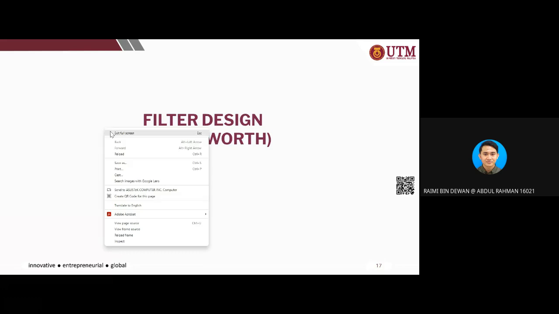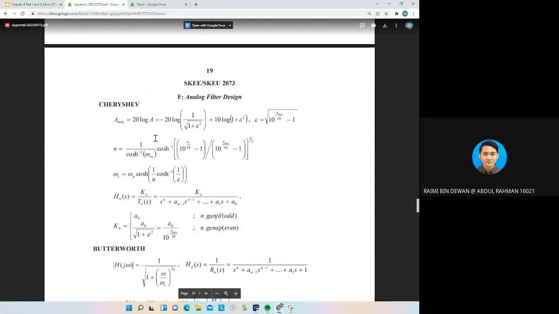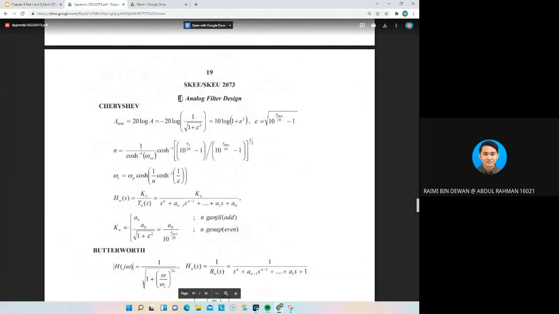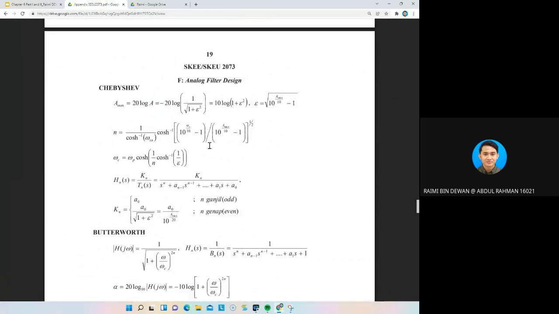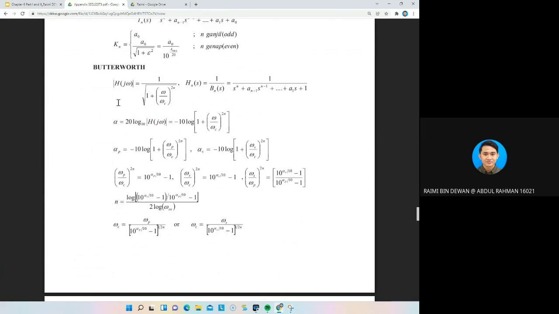Before we go to Butterworth filter design, let us see the appendix. The appendix has analog filter design. This is the equation given for the Butterworth filter response. You don't have to memorize it, but make sure you know how to use it.